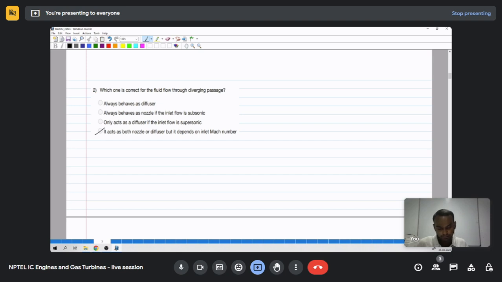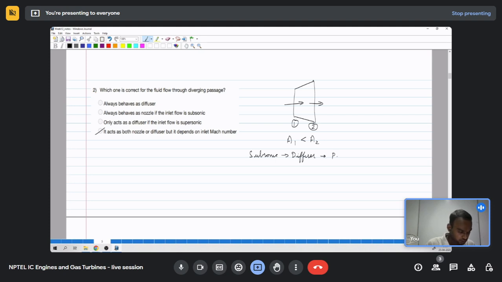Yeah, you are right. So for a divergent section, area at 1 is less than area at 2. If the inlet is subsonic, it will act as a diffuser, which means pressure at 2 will be greater than P1, whereas velocity at 2 will be less than velocity at 1.